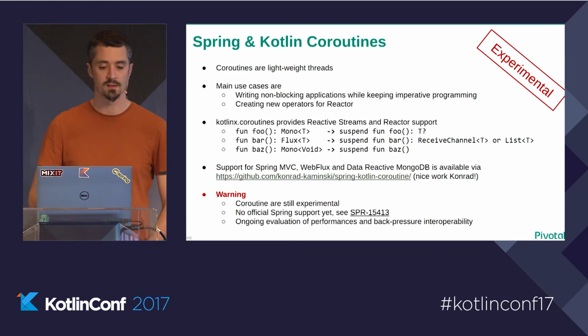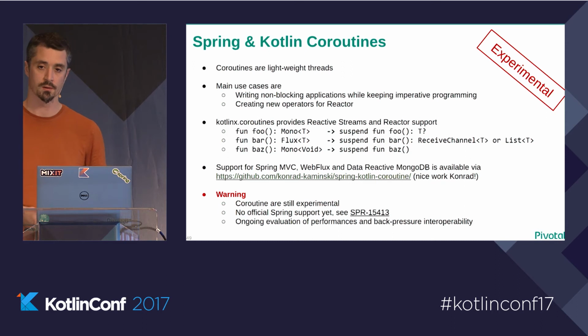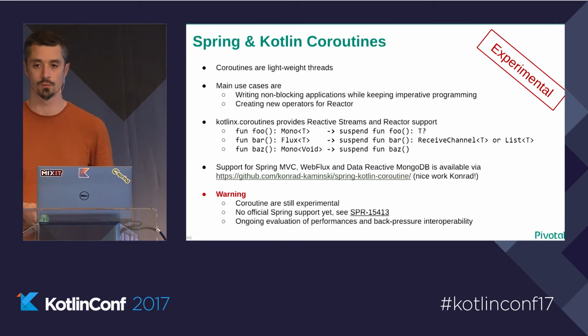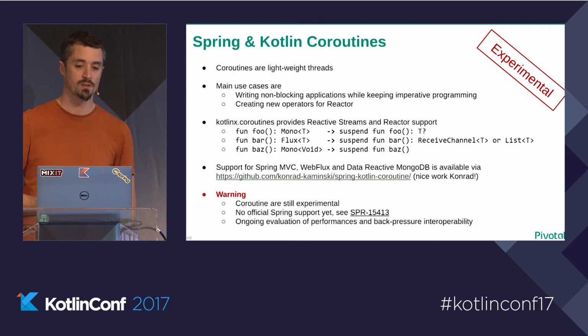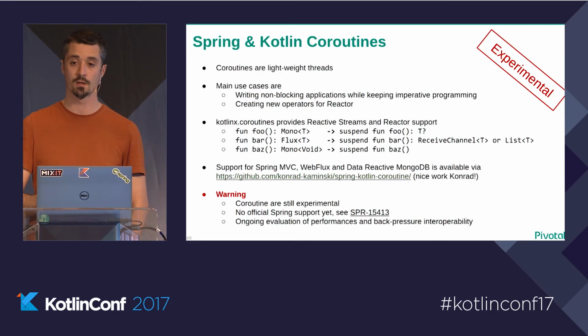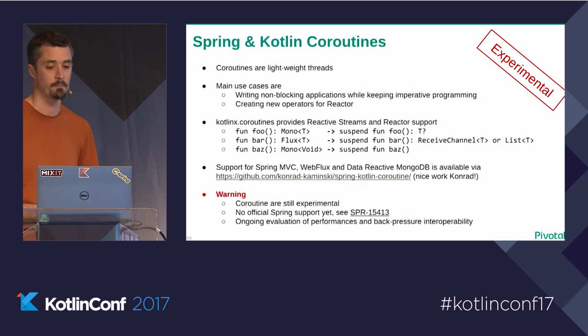The other use case is also creating new operators for Reactor, because creating new operators in reactive API is super hard. So usually when I need that, I ask Stéphane Maldini or Simon Baslé from the Reactor team to do that. And with coroutines, you can easily create custom operators, and with Kotlin extensions, you can easily plug these new operators into the Flux or the Mono API, so that's also a good use case.